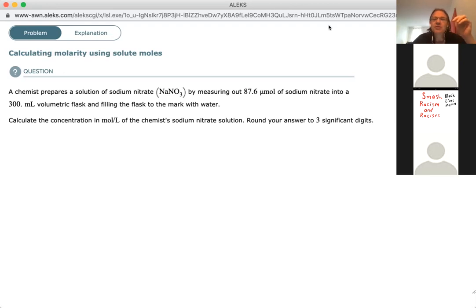So let's talk a little bit about what a volumetric flask is. Some people have used them in labs. A volumetric flask typically has a long neck, which is called a stem, and then it flares out to have a large volume, a large space.